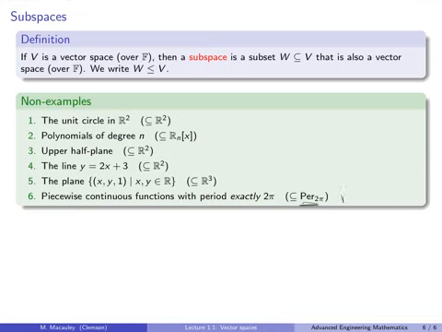this was a set of all functions that satisfied f of x equals f of x plus 2 pi. Now, before I explain why this is not a vector space, let me say a few words about a subtlety that I didn't mention earlier, but maybe I should have, namely why this word piecewise is here. It's just because there are a lot of functions that come up in engineering. You may remember your ODEs class. You saw things like square waves or step functions.